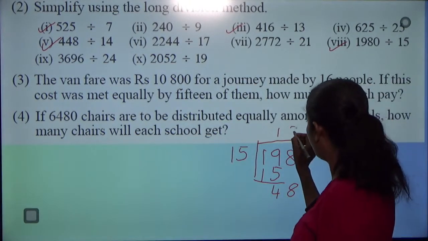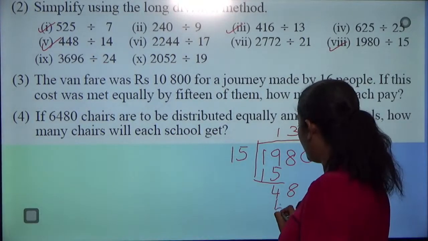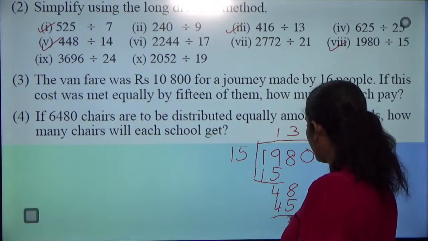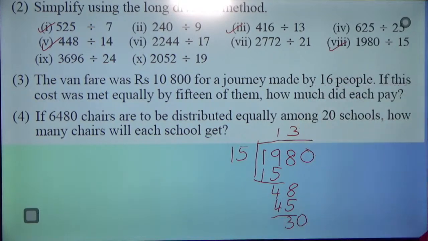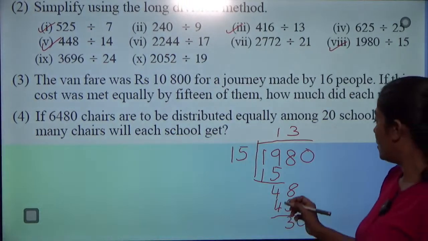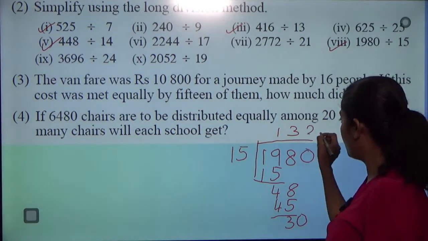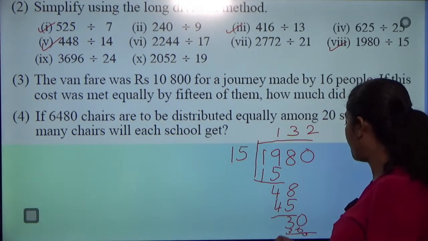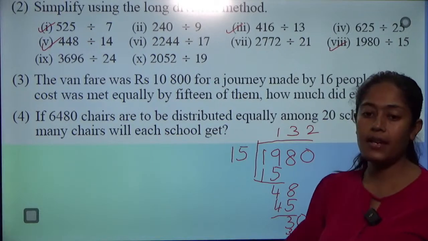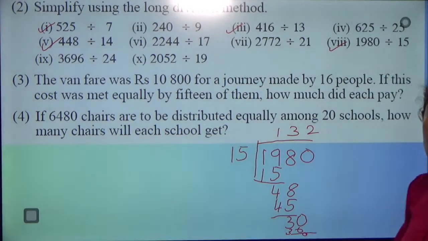Yes. 45. 48 minus 45, 3. Then bring down this 0. Then 30. For 30, how many 15s? 2. 15 into 2, 30. Then the remainder is 0. Quotient is 132. Is that okay?